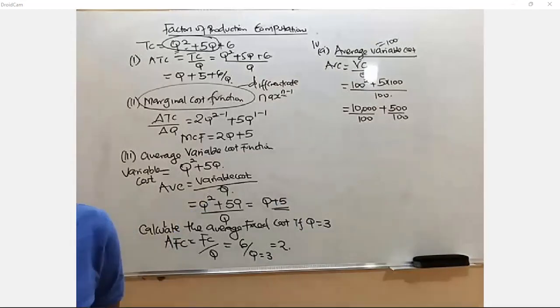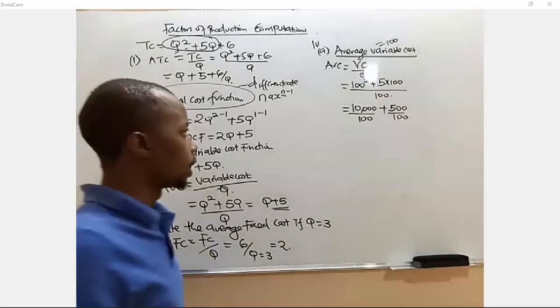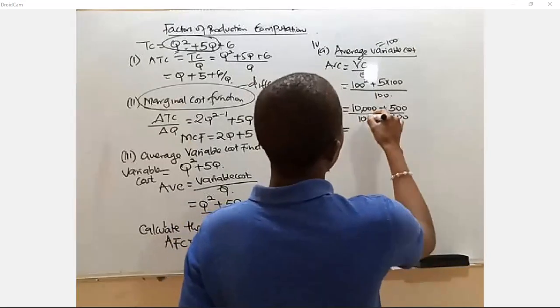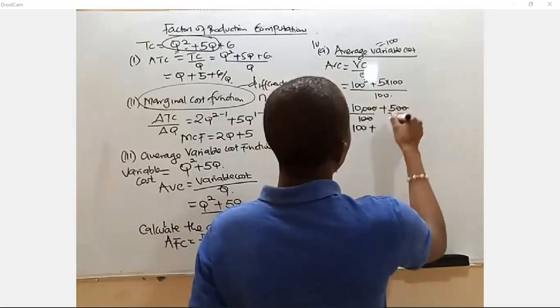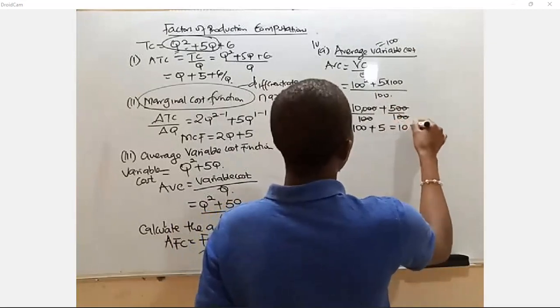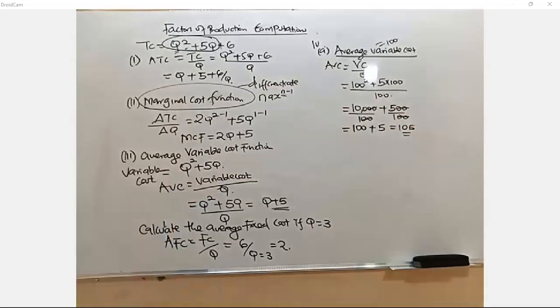Our answer is 100 plus 5, which is equal to 105.